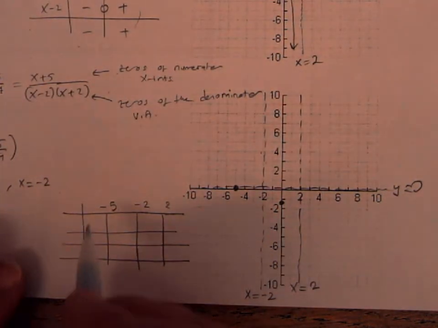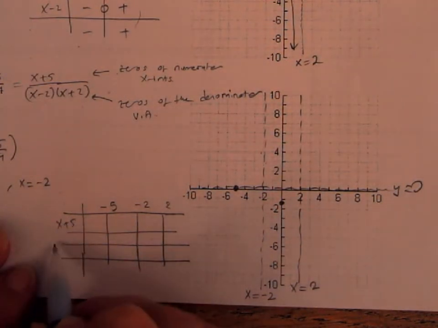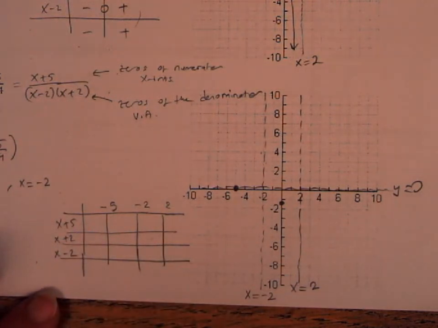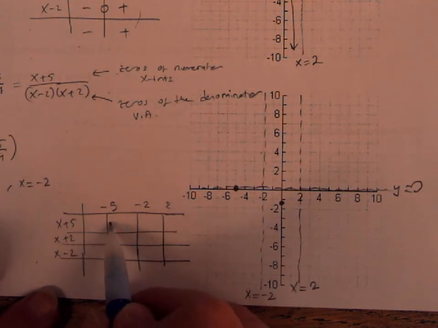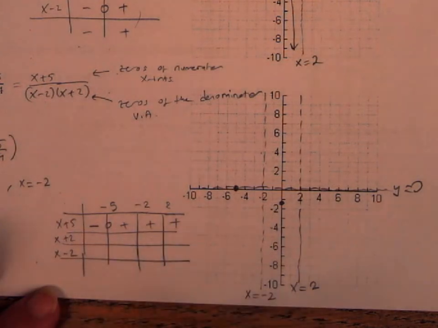So the factors are x plus 5, x plus 2, x minus 2. So x plus 5 is 0 at negative 5, negative before that and positive after.